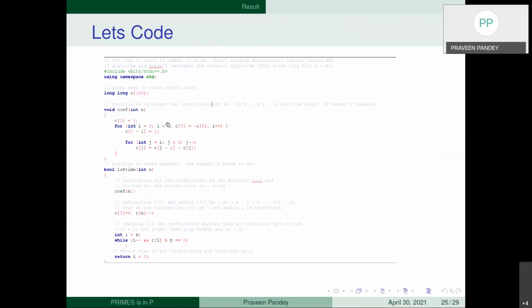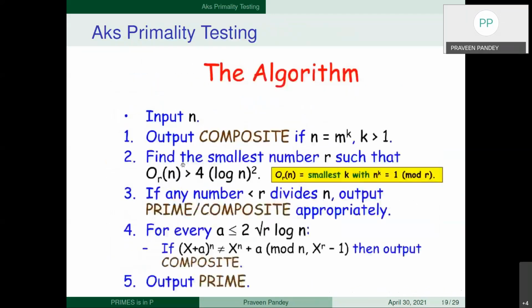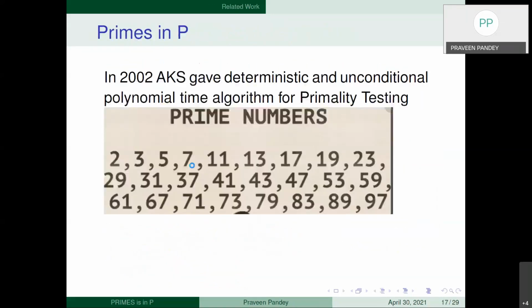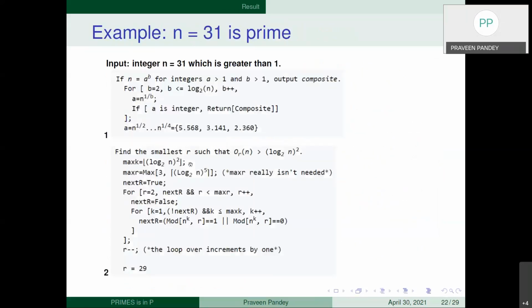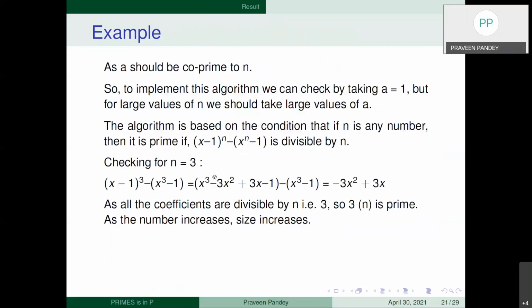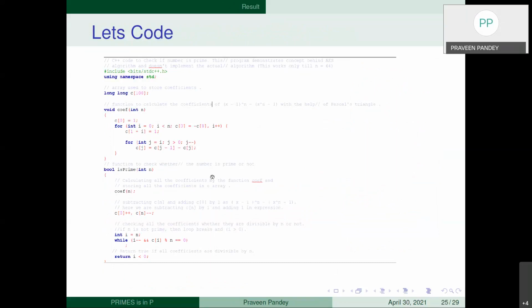This is the code, but it is not the actual implementation of the algorithm. We have done the implementation using Pascal's triangle for the small part. Here this is the coefficient matrix. This is more or less based on the first example that we have seen. This concept was used here for a smaller number of inputs.